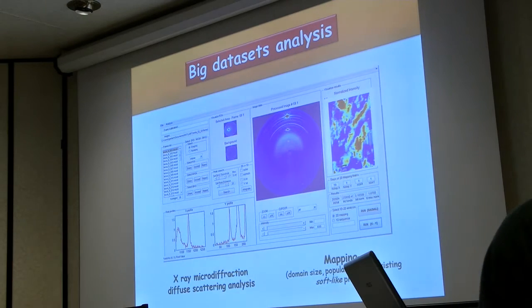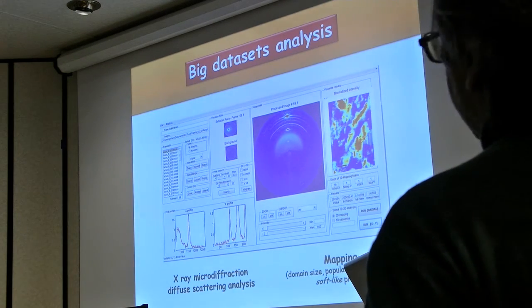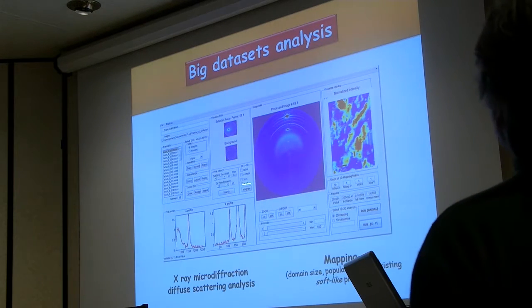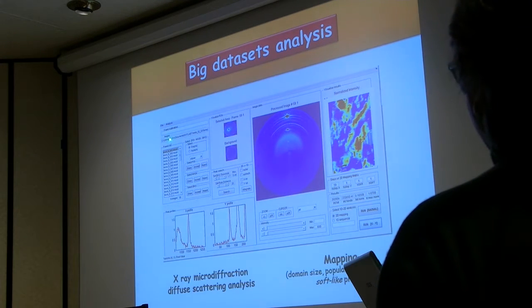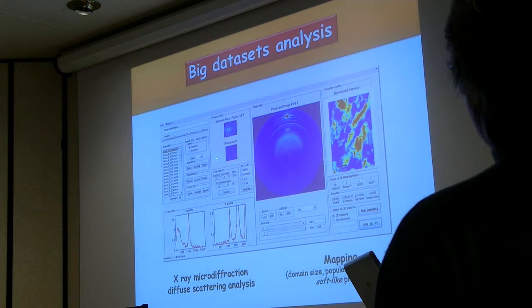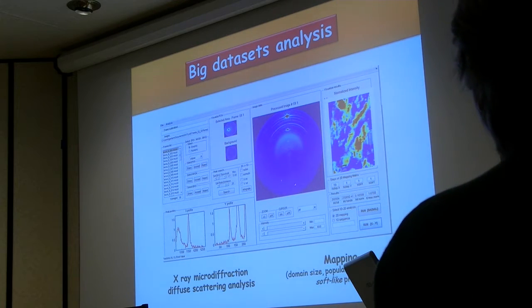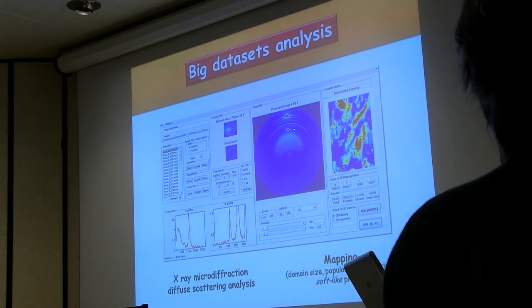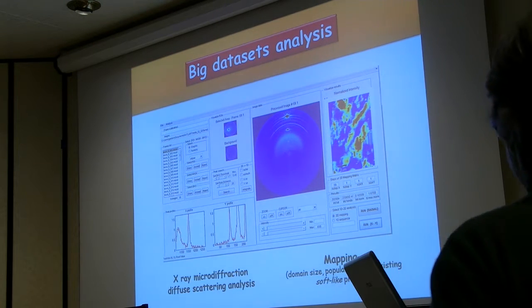Well, we also need software to analyze this data, and this software was made in our institute in collaboration with Alessandro Ricci. You can develop all your frames, you can select some feature, and you can map and analyze it.